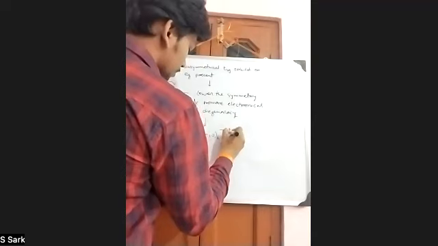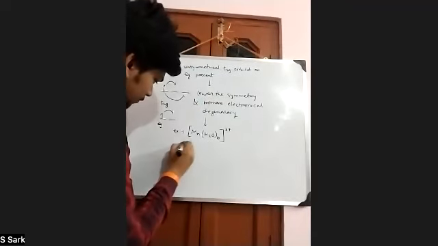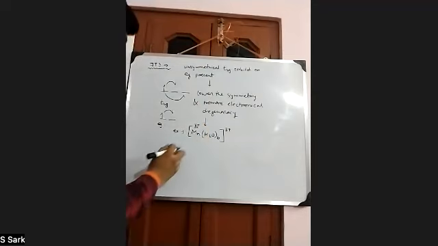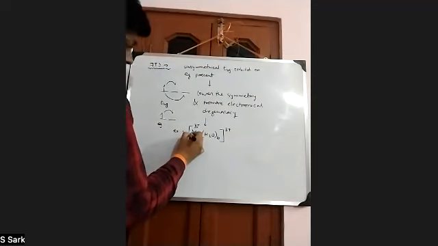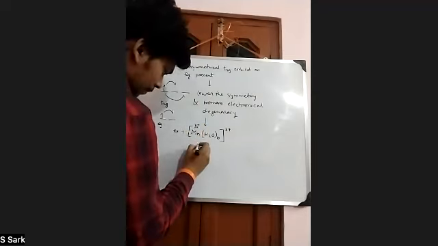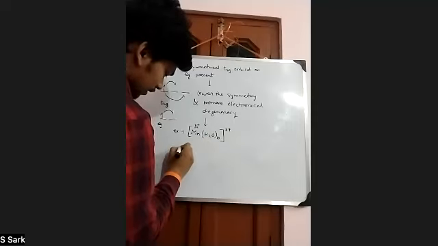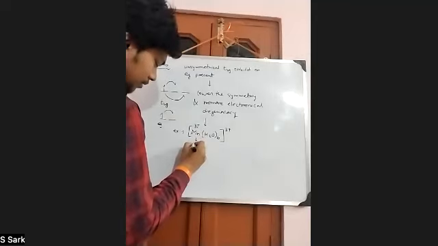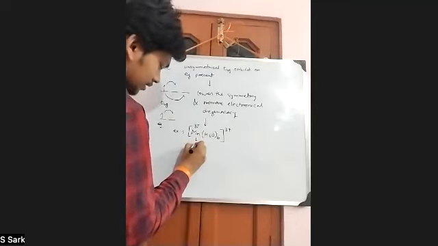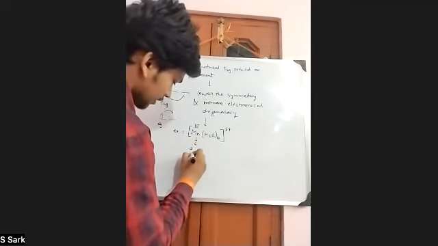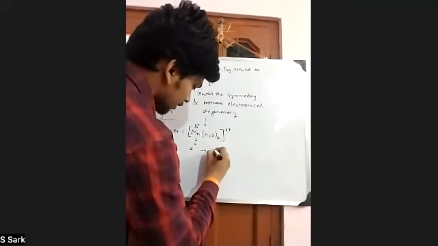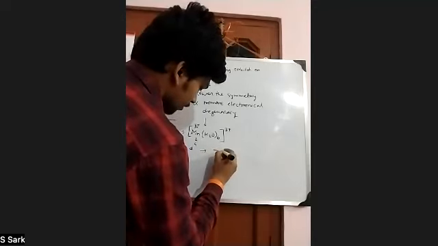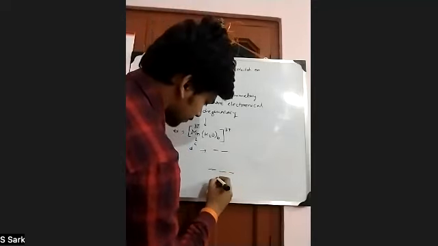In this case, we are taking hexa-aqua manganese, and the d electron configuration will be d4, and the splitting of this compound will be T2G EG.